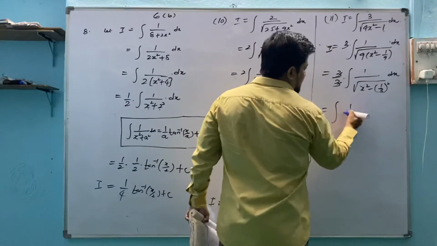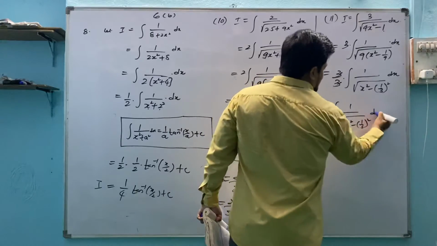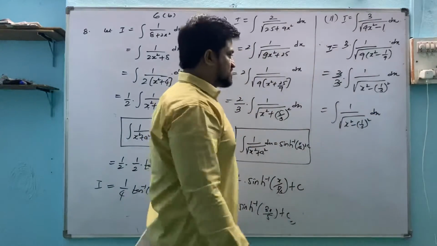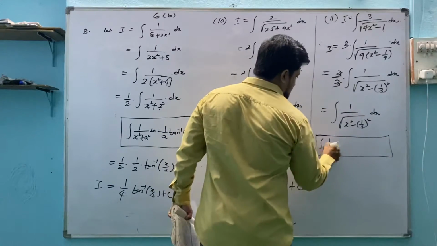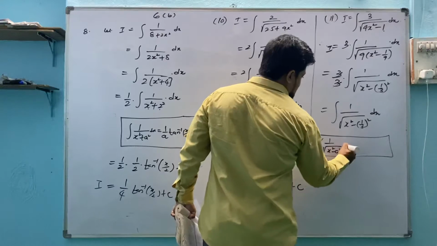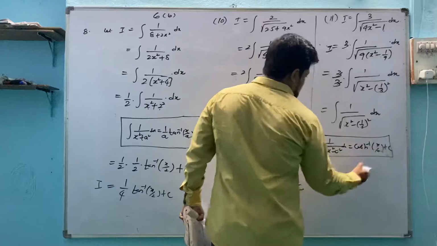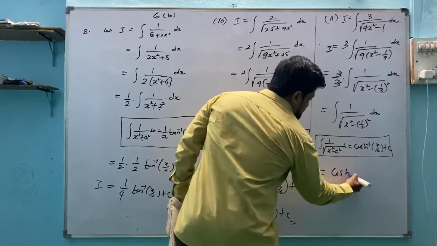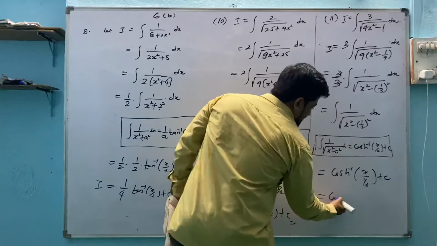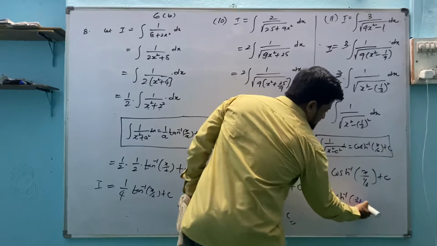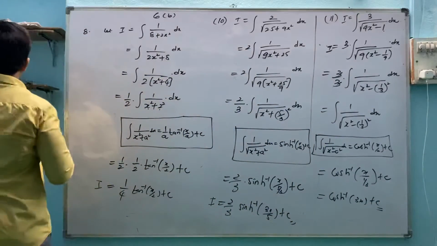So this is the integral of 1 by root of x square minus a square dx, which is cosh inverse x by a plus c. So this is cosh inverse x by 1 by 3 plus c. So 1 by 3 is 3x plus c.